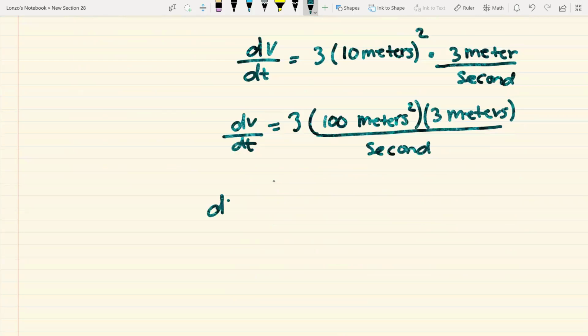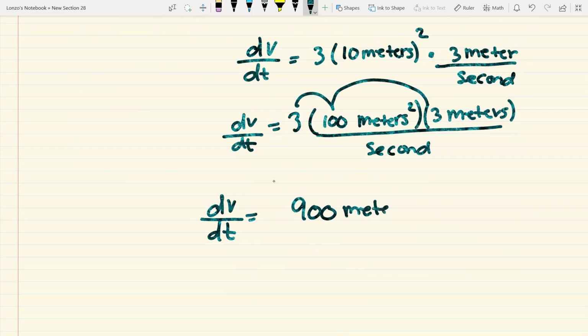So what's 3 times 100 times 3? That would be 900. And what is meters squared times an extra meter? That is meters cubed, over second. Okay, so that is our answer. dV/dt is 900 meters cubed per second.